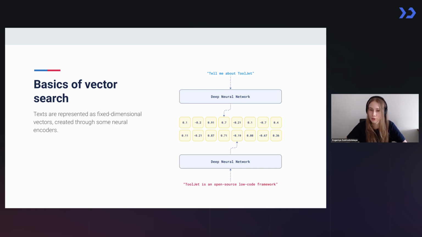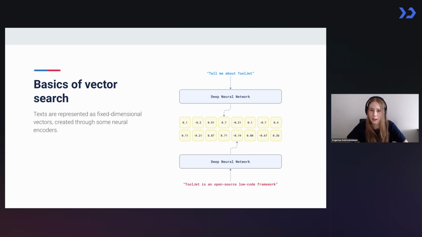So we can measure distance between them numerically and use this to find similar information to what we're searching. And that's how we power our knowledge bases. We come with the questions, which are just somehow formed in a natural language, and then we get all the needed answers similar to them by meaning, exactly what we need. That ToolJet is an open source low-code framework.